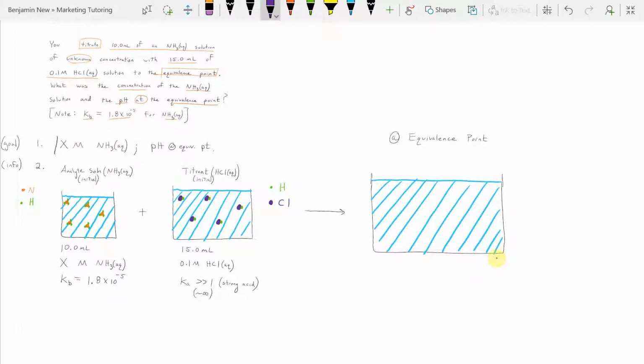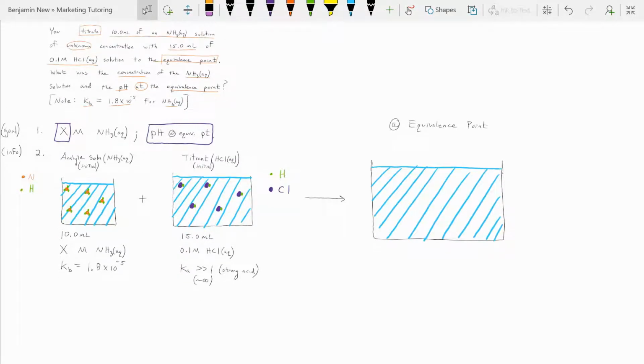Well, in reality, we're just looking for X. And then the second one, we're looking for the pH at the equivalence point. And then we have a bunch of related information. So I'm just going to circle in, let's say, green, each one of these pieces of information. And there's a lot of lumped information here.